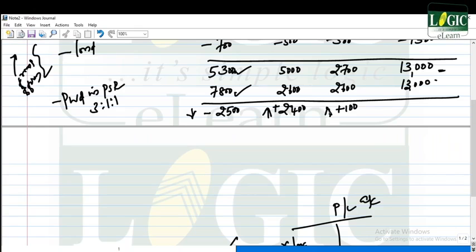So capital account means liability account, it's having credit balance. So this person should be credited, this person should be credited and this man should be debited.